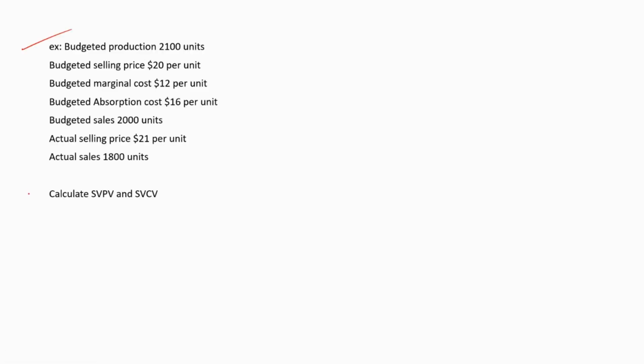Now let's do this example. We have to calculate the sales volume profit variance and the sales volume contribution variance. So, sales volume profit variance: actual sales units, which is 1800, minus the budgeted sales units, which is 2000, multiplied by the standard profit per unit. The profit is equal to selling price minus total cost per unit.